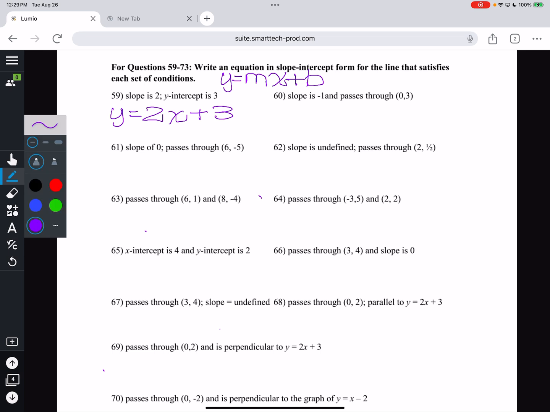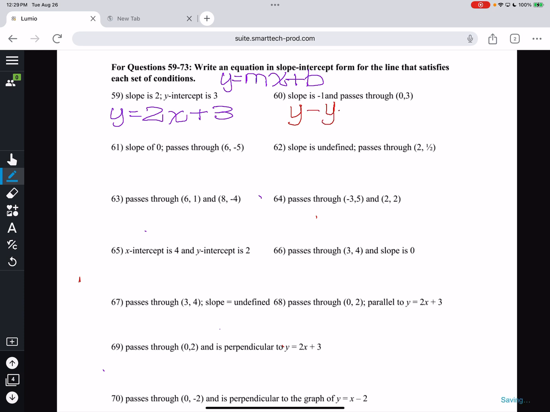All right, so point slope is y minus y1 equals m times x minus x1. Good.